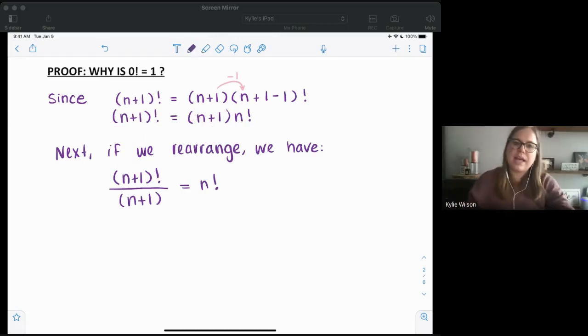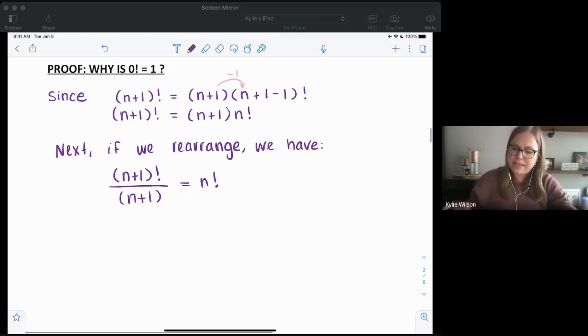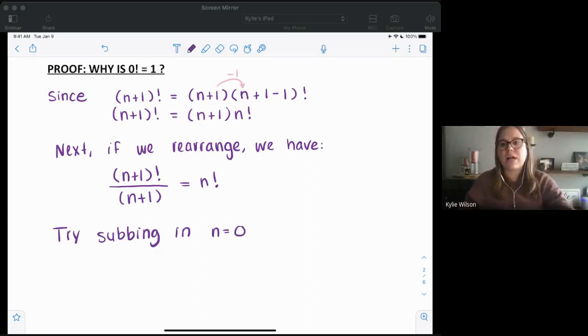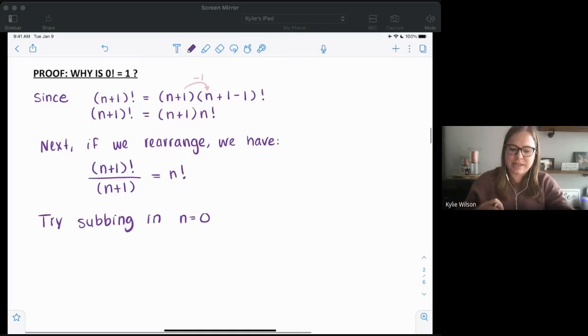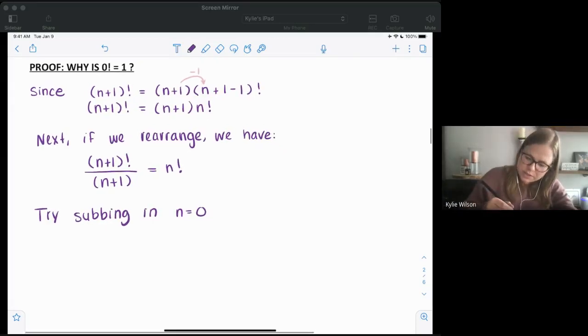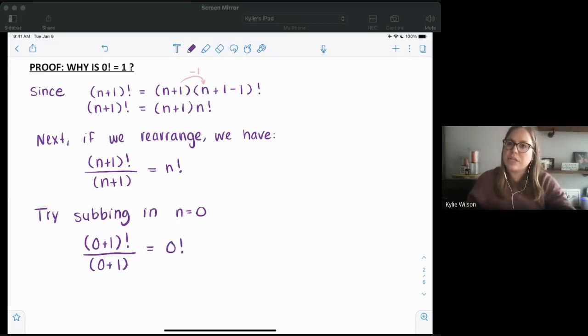Here we go. So now that I have this equation, we're going to try subbing in n equals 0. This will help us to show what 0 factorial is if I sub in 0 for n. So we'll have 0 plus 1 factorial all over 0 plus 1 equals 0 factorial. So let's simplify the pieces on the left-hand side.